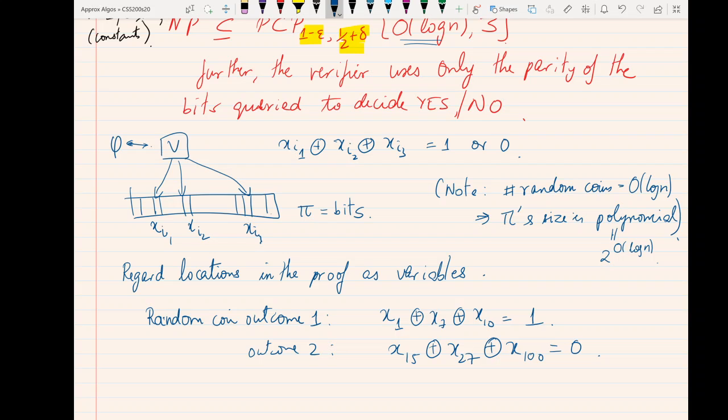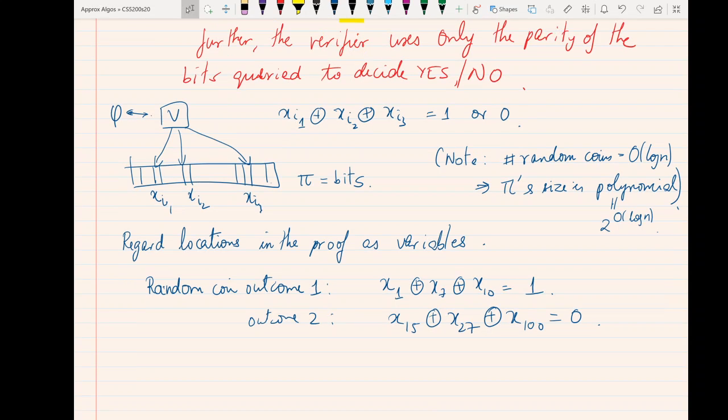These are the checks that are to be performed by the verifier depending on the outcome of the random coin tosses. Now, if you keep enumerating the checks that the verifier does in terms of the locations regarded as variables, what do you have? Well, I claim that you come back to a constraint satisfaction problem.